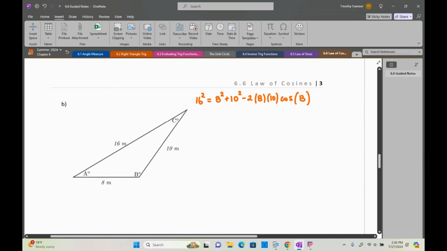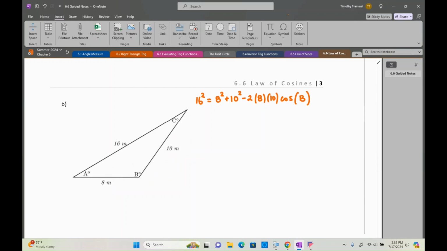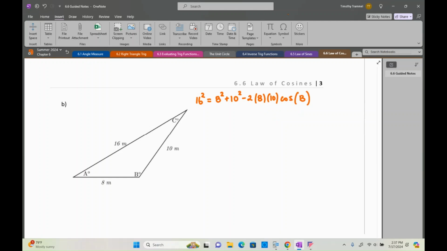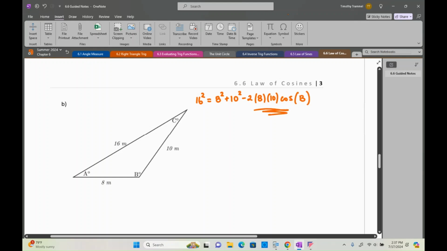All right. So we want to start solving for B. It might be a good idea to move this stuff over. Let's add that stuff to the left-hand side. So we'll have 2 times 8 times 10, or if we want to compute that, 2 times 8 is 16 times 10, that's 160.